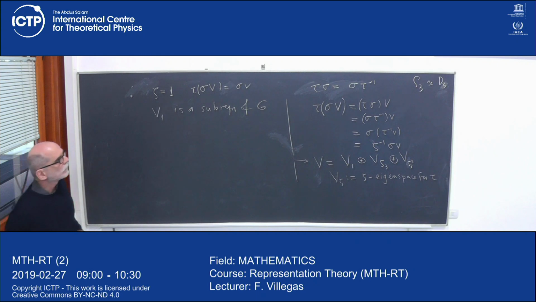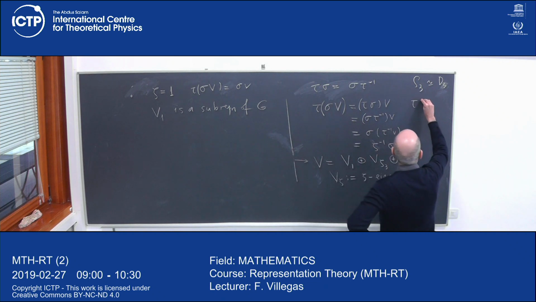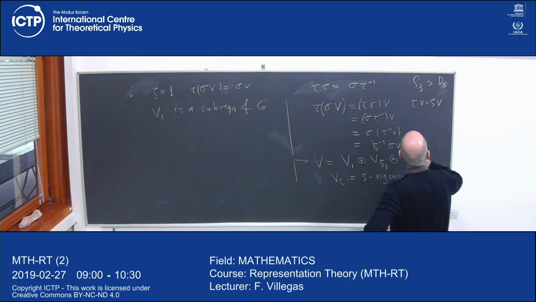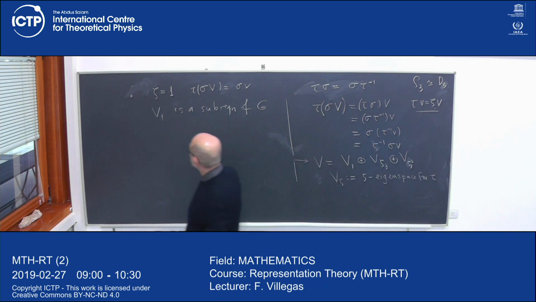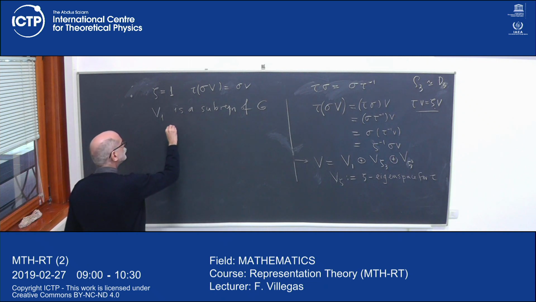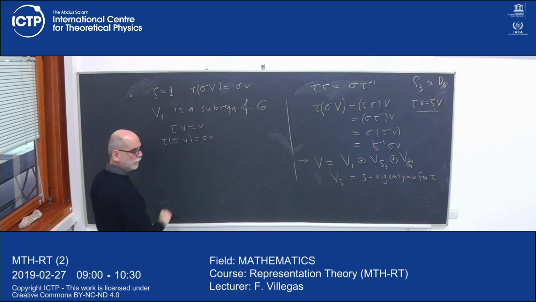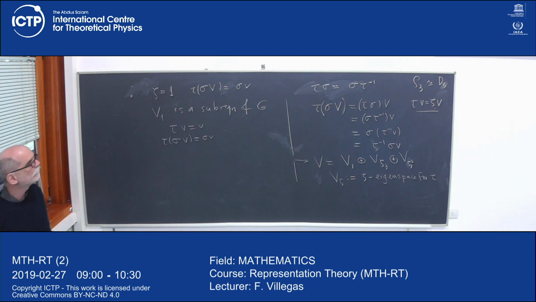The assumption here was that tau V was zeta V. So if I look at the case where zeta is equal to 1, I get that sigma V is also fixed by tau. Is that clear what I'm saying? So tau of V is V, and I claim that sigma of V is also fixed. Yes, that's clear, but this doesn't mean it is a sub-representation. That's exactly what it means.